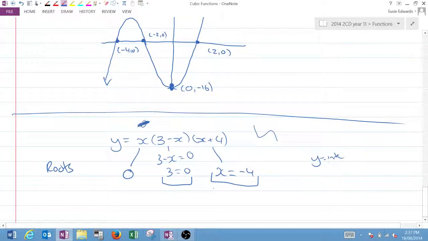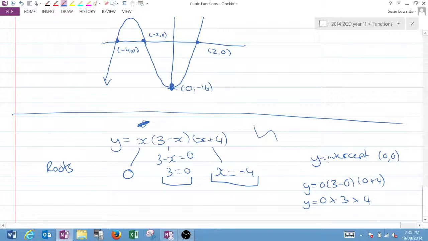Okay, so it's that point. I'll show you. So, if I go y equals 0, 3 take 0, 0 plus 4, y equals 0 times 3 times 4, anything times by 0 equals 0.